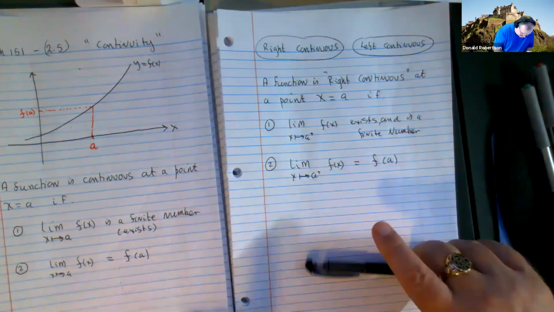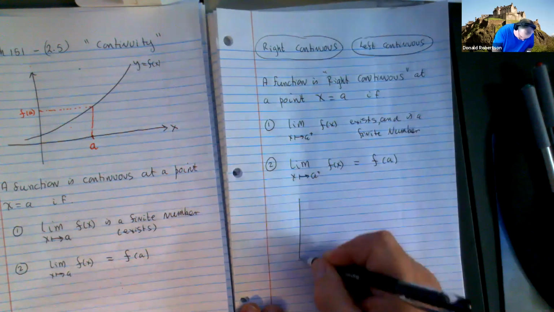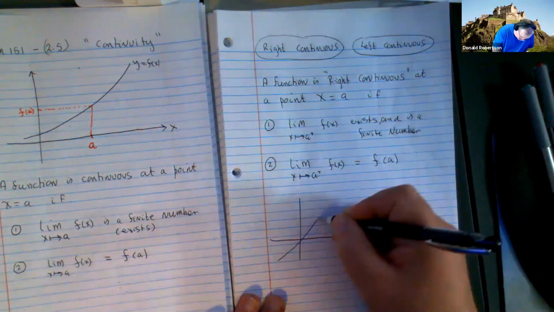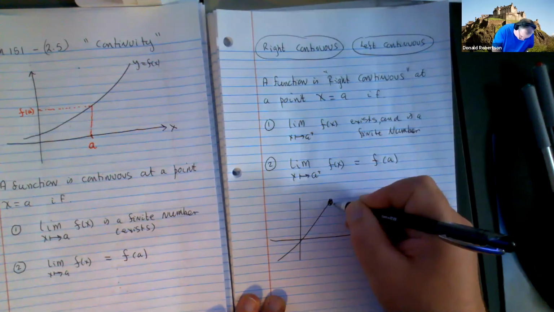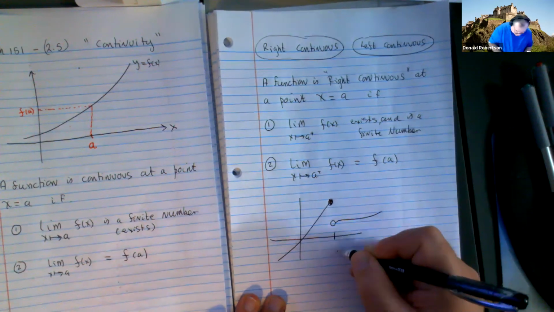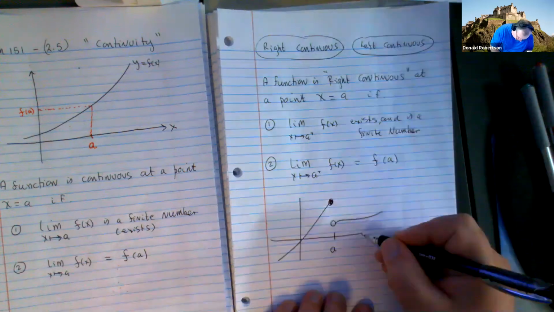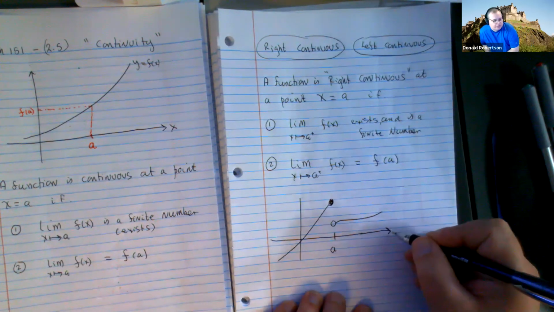So what do they look like visually? Well, let's take this fella as an example. Would you agree that this has got a jump discontinuity at x equals a?